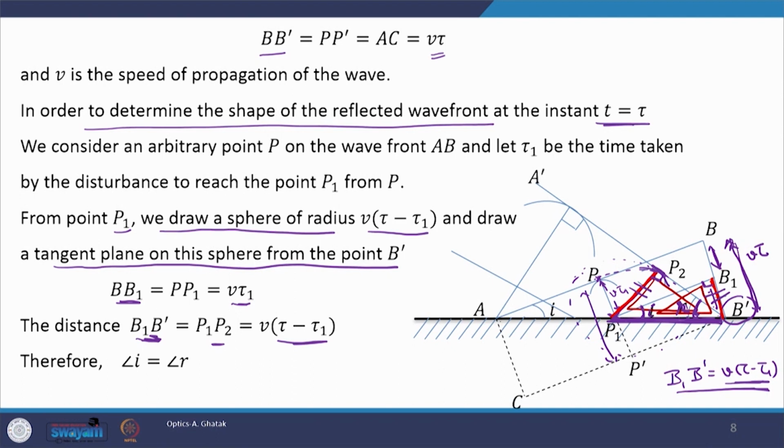We started with a wavefront AB, and then we assumed that one point at the wavefront takes a certain time in reaching the mirror, and a random point takes a certain other time in reaching some other point at the mirror, and then we drew some geometry and found that the angle of incidence is equal to the angle of reflection, and this is how Huygens principle explained the reflection.